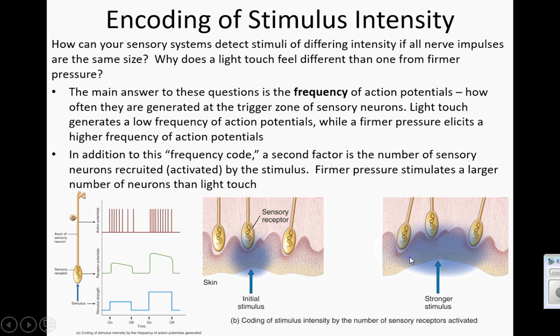But if we push much harder, we stimulate multiple receptors, which ends up with a whole bunch more action potentials being transmitted inward. So the firmer pressure stimulates a larger number of neurons than light touch, and that's how we can distinguish between a very light touch versus a much firmer touch. Does that make sense? That's pretty cool how that all works.